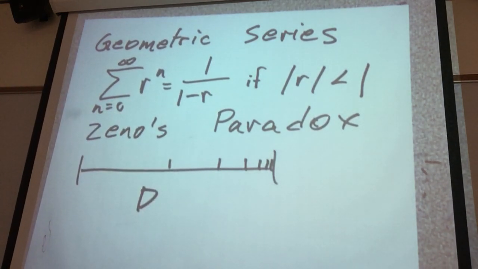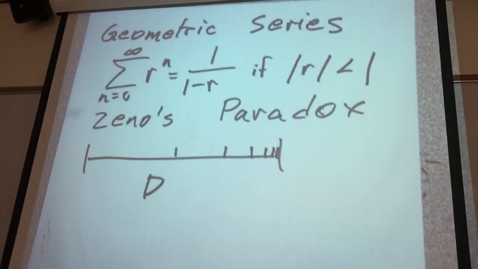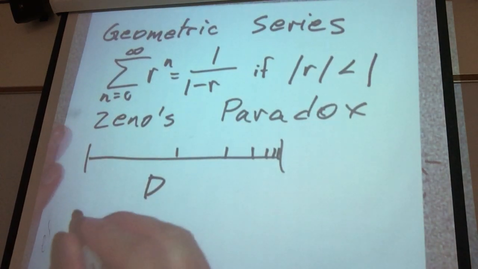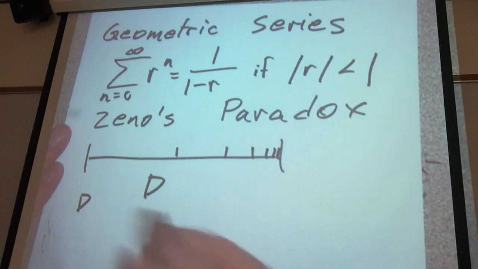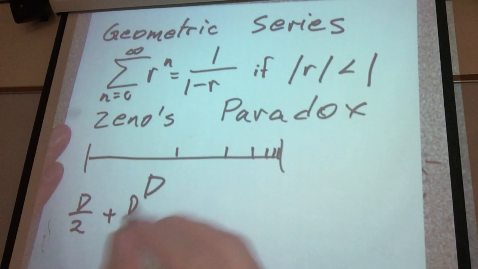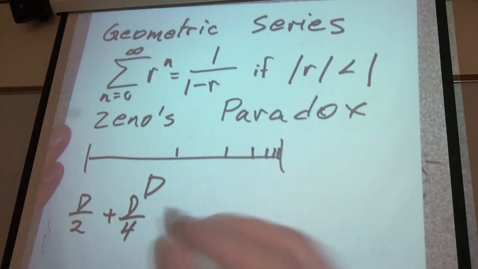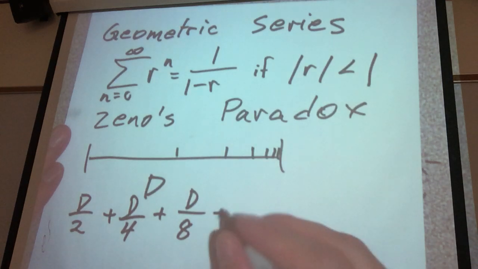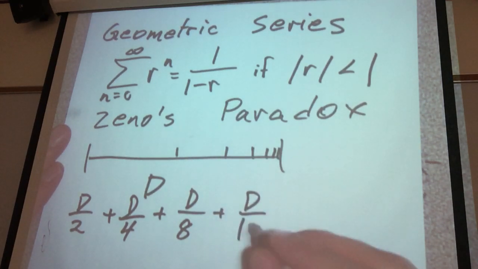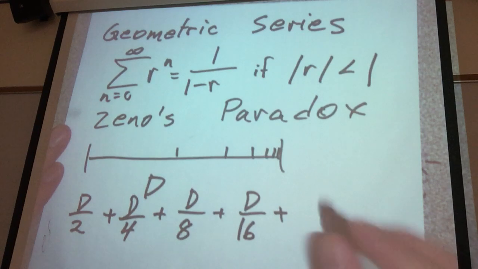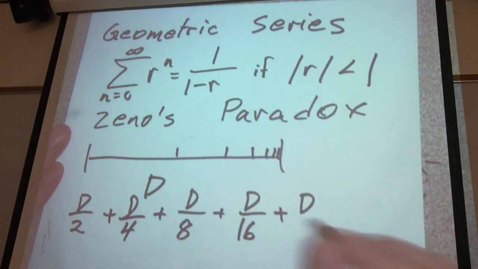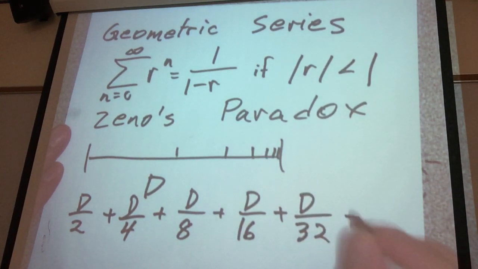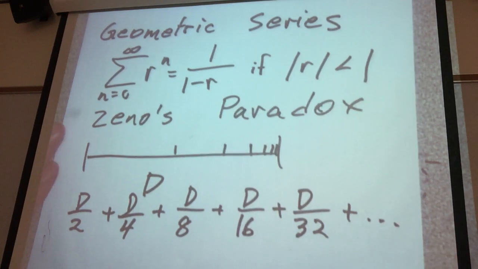So, how do I turn this into an infinite series? I've got my distance, I'm covering half of it, and then I'm covering a fourth of it, then an eighth of it, d divided by 16, plus d divided by 32, plus dot, dot, dot.